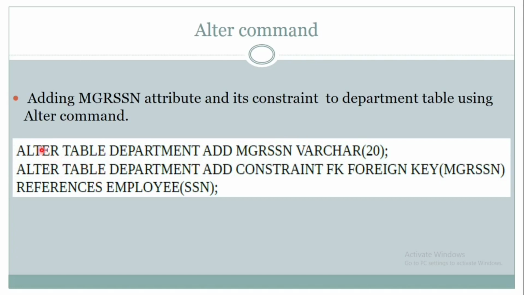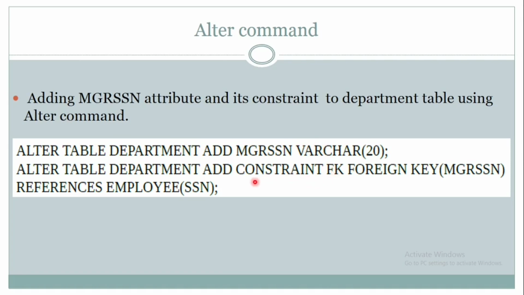So this is a command: alter table department add manager SSN and the data type. Now once we have added this manager SSN, we need to add the constraint for that particular attribute. We can add the constraint using alter command: alter table department add constraint, fk is the constraint name.